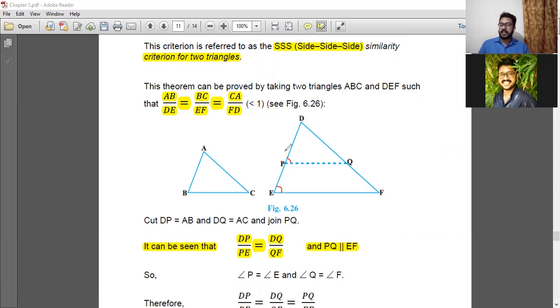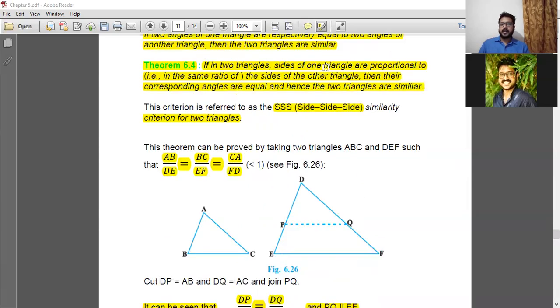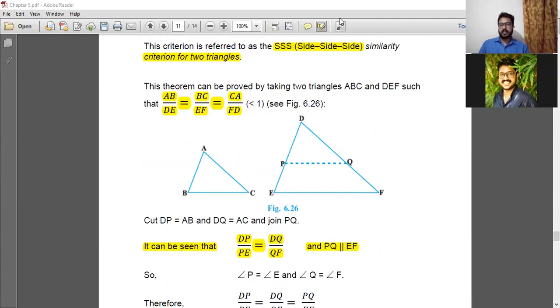As a result, the corresponding angles should be equal. We know that the sides are in the same ratio, and we want to prove their corresponding angles should be equal.